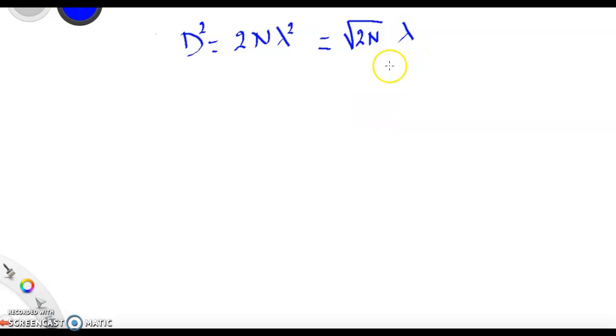Now, you could think of lambda as the average step, the average di between two collisions. What we're noticing here is that the total displacement from the point where we started. So again, if I represent things, I had a particle here, started from here, it ended up somewhere there after a random walk.